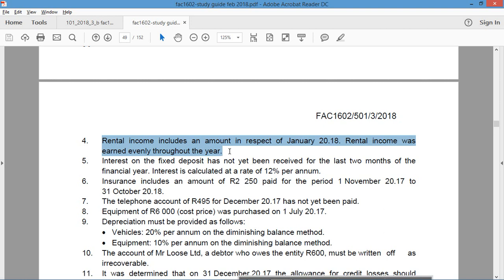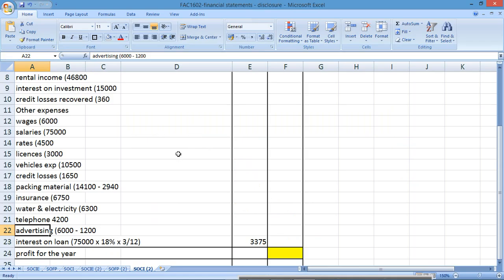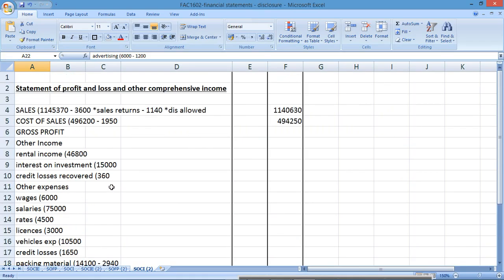So what am I going to do with this? I've already provided for it, so you're going to have to subtract it from the rent income. Go to rent income and subtract how many months?